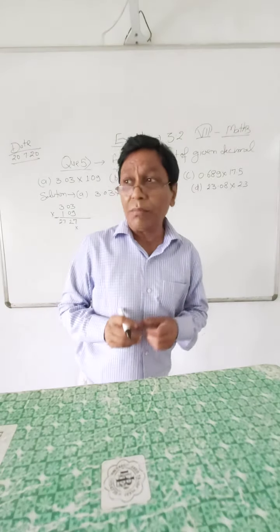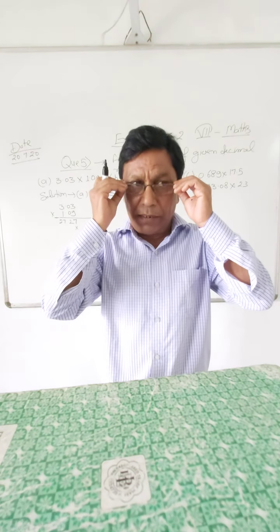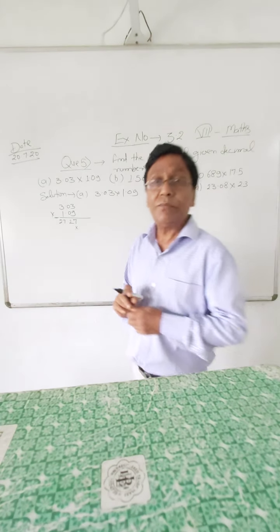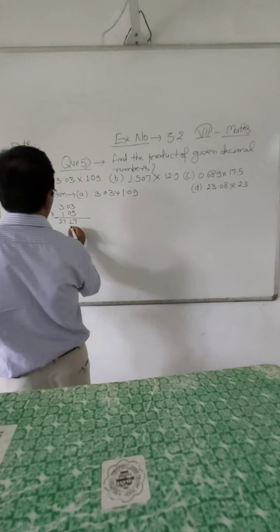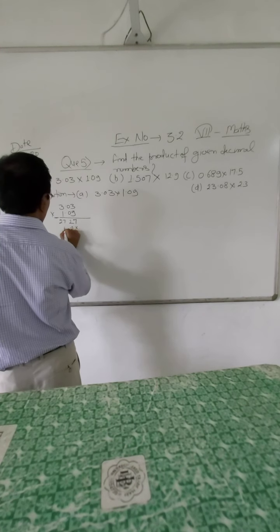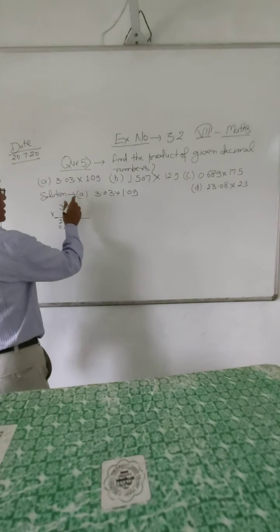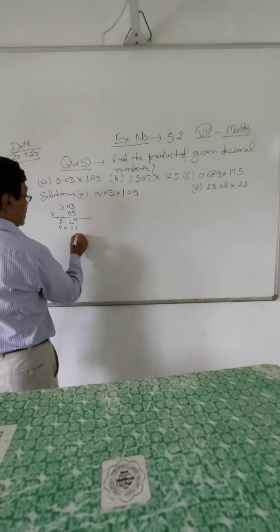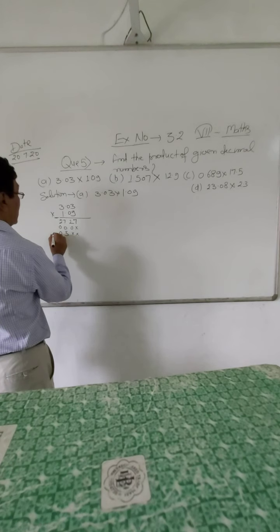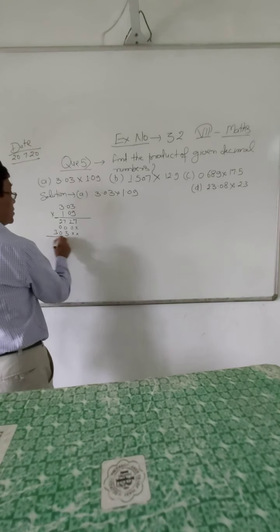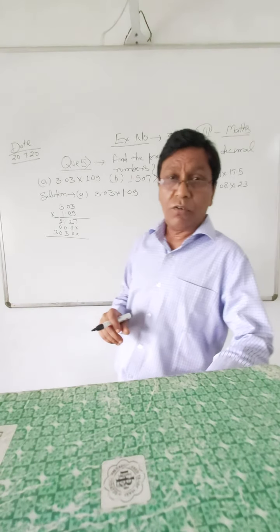When you multiply any number by 0, what will come? 0. If it is multiplied by any number, it always comes 0. So all 3 numbers will be 0. Again by 1 you multiply, so here nothing, here nothing, 1 3 are 3, 0 and 3. So this is the product of 3.03 into 1.09.